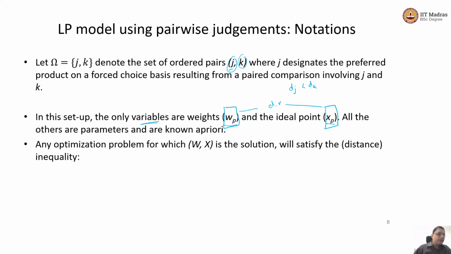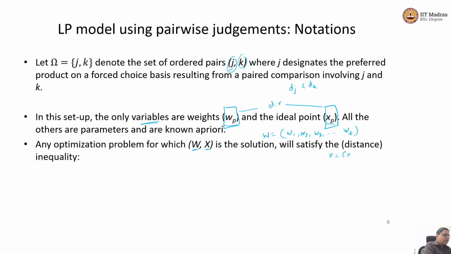Therefore, the optimization problem is to find W and X, right? W is a vector, because I need to find weights for each attribute. So W1, W2, W3, all the way to Wt, t-dimensional data. So this is my vector W. What is my X?